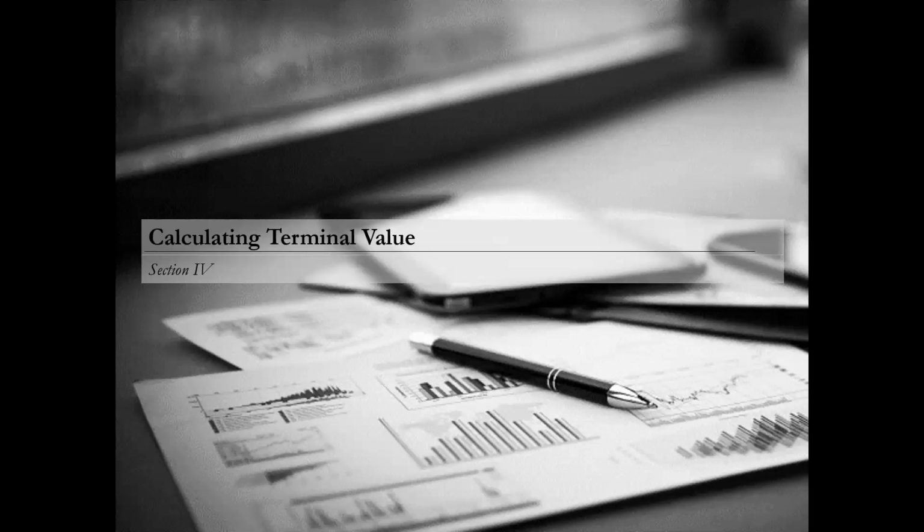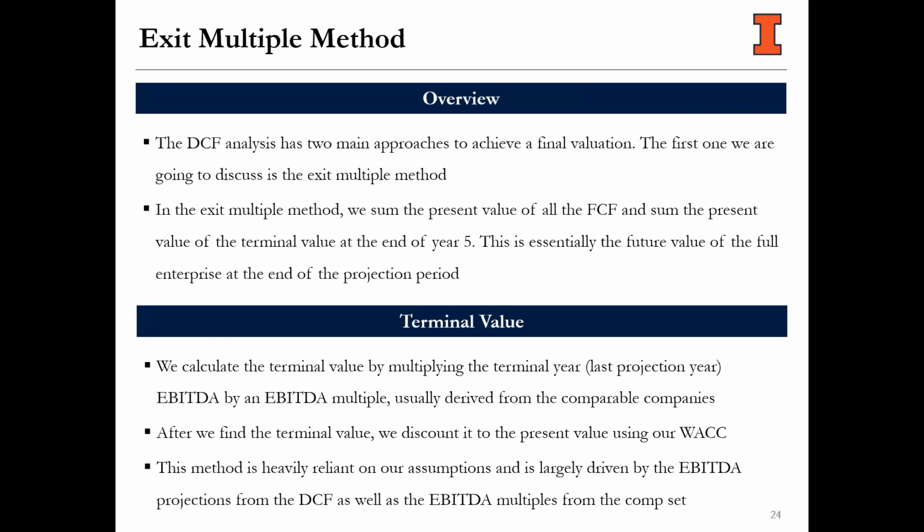Calculating terminal value. Terminal value has two main methods. However, the method you'll see most commonly is called the exit multiple assumption, or the exit multiple method. Essentially in the DCF analysis, like we talked about earlier, it's impossible to project out your free cash flow till the end of time. Simply, one, because you have no idea how long this company is going to be around or what may end this company's life.